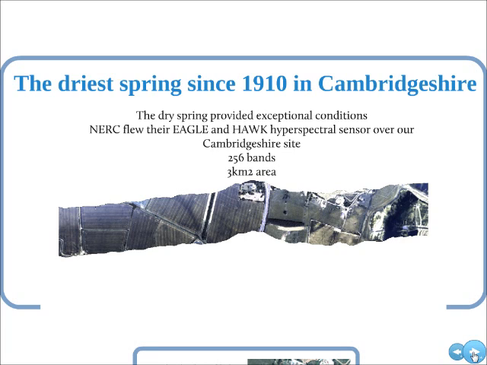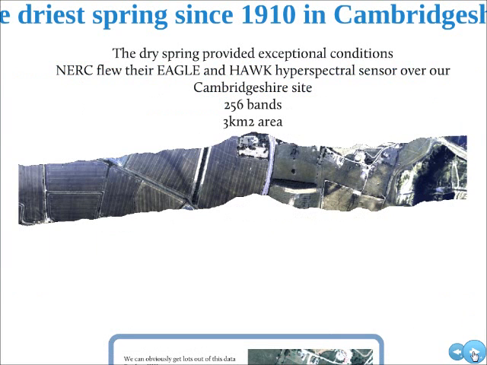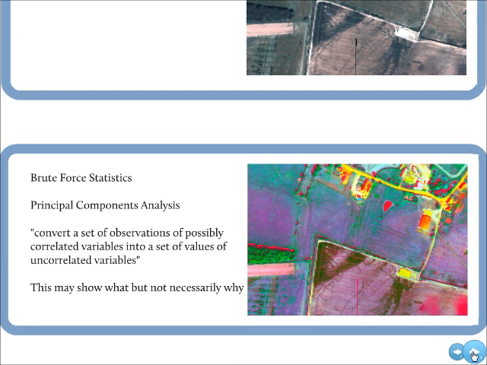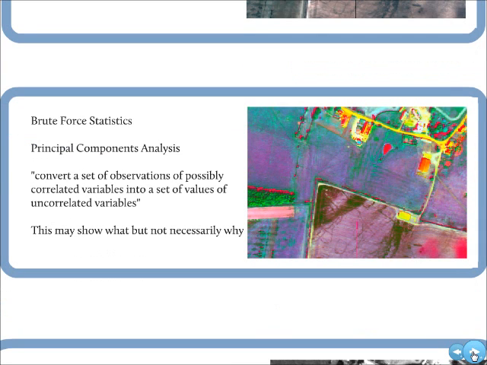We can use brute force statistics, for example, principal components analysis, and this is really starting to show the correlations between each of the different bands that we're getting. This may show that we're getting a change, but not necessarily why we're getting a change. We can also look at the theoretical understanding about how light interacts with plants and soils, how this changes under different stress conditions, be it nutrient or drought, and how this changes over time.